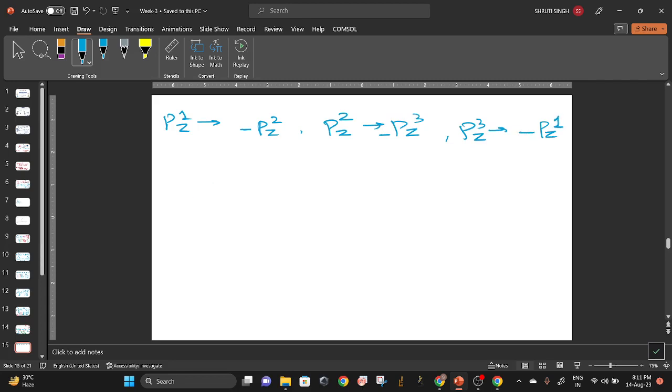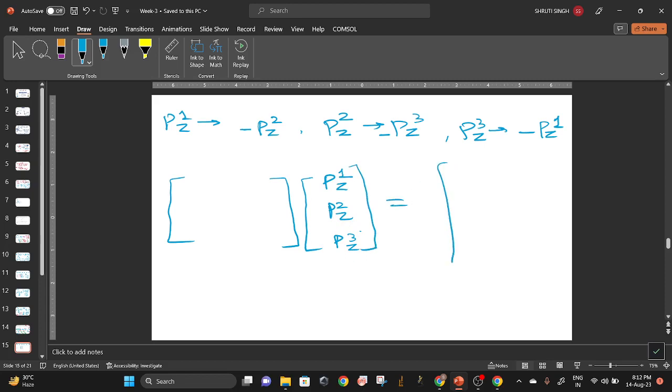So the matrix will be: pz1, this I am writing, the original, this is the basis, whatever is on the left hand side. And after transformation, what pz1 became pz2, so this is minus pz2, pz2 became pz3, and pz3 became pz1, so minus pz1. This is after S3.